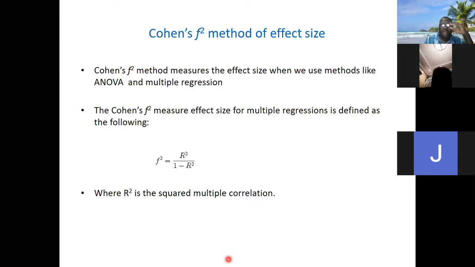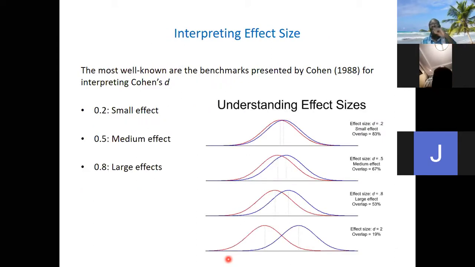Where R square is the squared multiple correlation, yes, I've said it. How do you interpret all these effect sizes? We are talking about interpretation, and all these standardized measures are different. Cohen in 1988 published his paper and recommended that an effect size of 0.2 and below is a small effect.